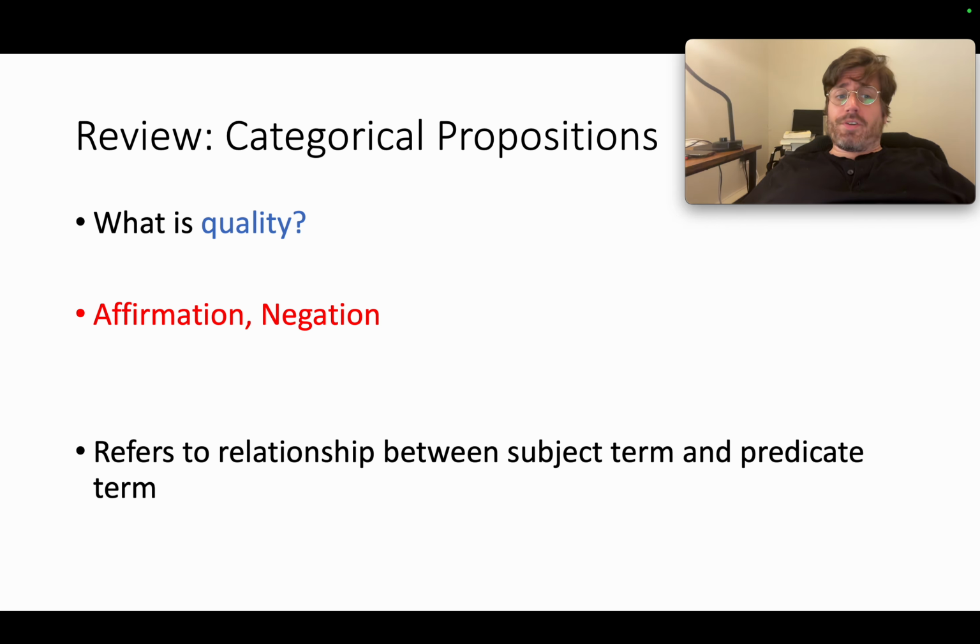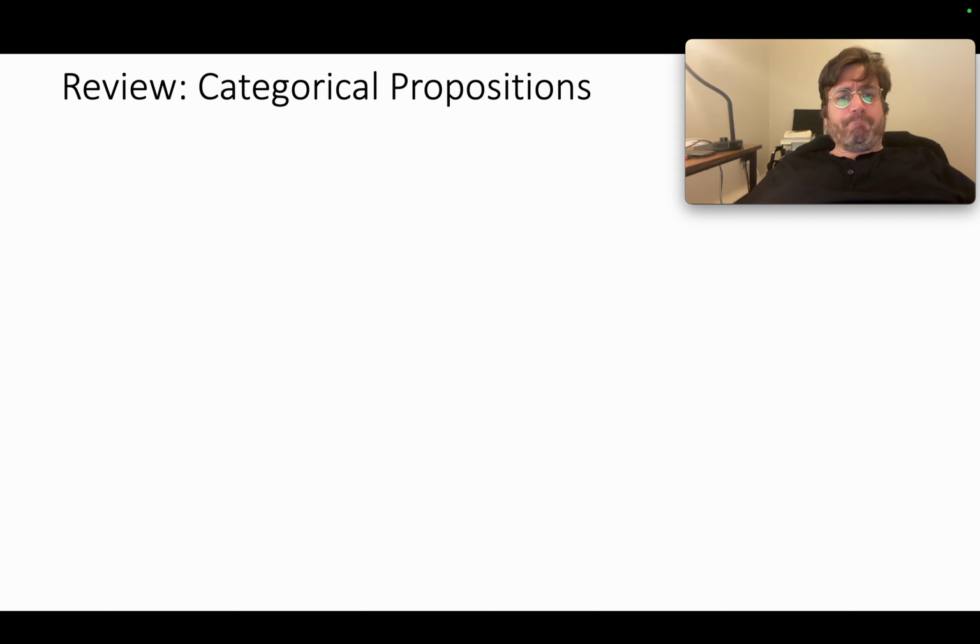You can have a universal affirmative, in which everything is included, but you can also have a universal negative, the E proposition, no SRP, in which the subject is totally excluded from the P group. So it cuts both ways, as it were. The universal can be either affirmative or negative, and the particular quantity can be either affirmative or negative.